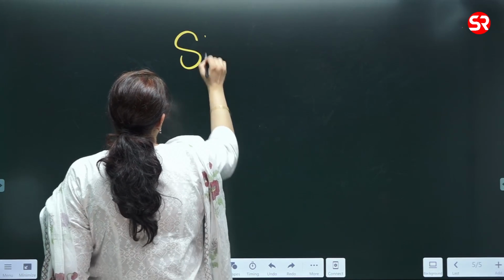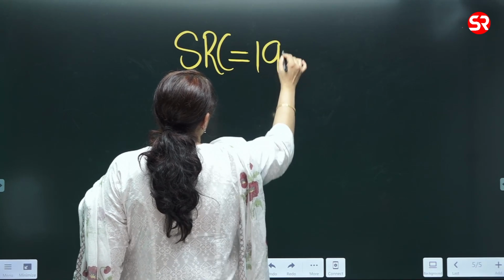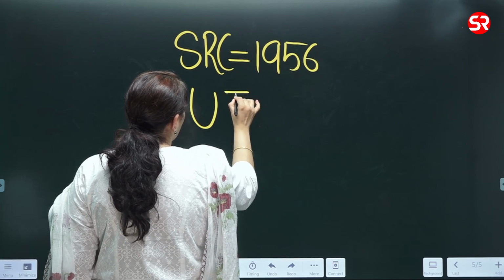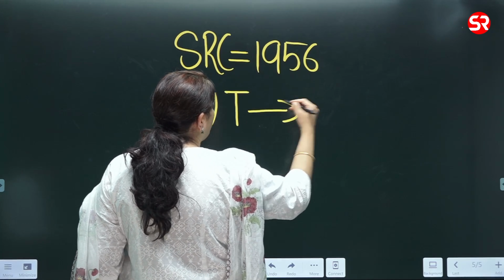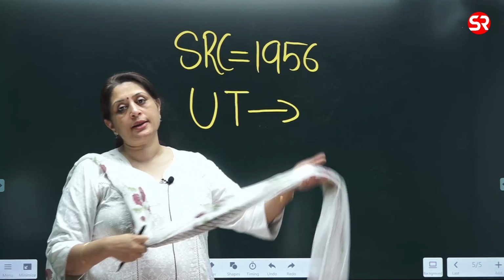on the basis of the State Reorganization Commission's recommendation of 1956, Delhi became a union territory, and for its administrative purposes, centralization has happened.